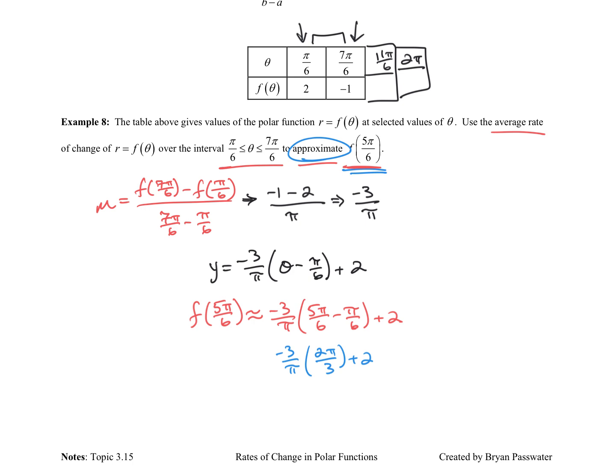What happens with my negative 3 over pi and 2 pi over 3? Does anything cancel? The 3's cancel. What else cancels? The pi's cancel. So then what are we left with for this product? Negative 2. So now we have negative 2 plus 2, which is 0. And so f of 5 pi over 6 is approximately equal to 0.